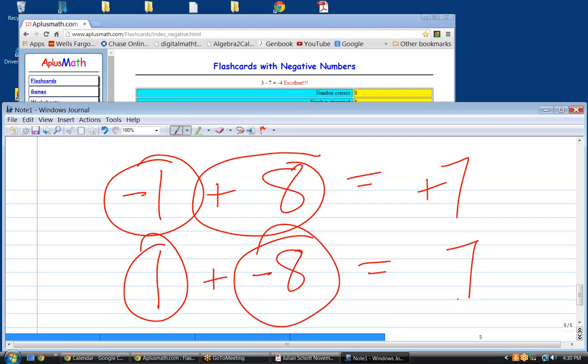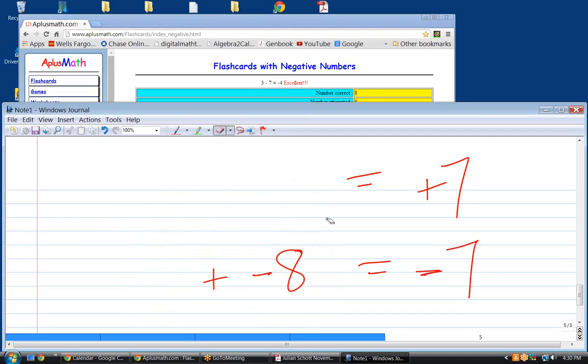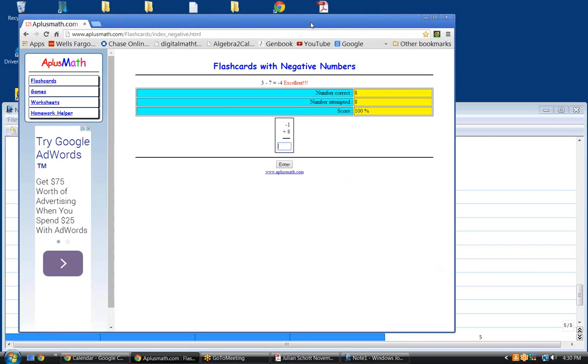Subtract the two numbers. What sign goes on it? The sign of the bigger number. So that's the way to do a negative and a positive being added together. Subtract them and put the sign of the bigger number. That means that's a 7.